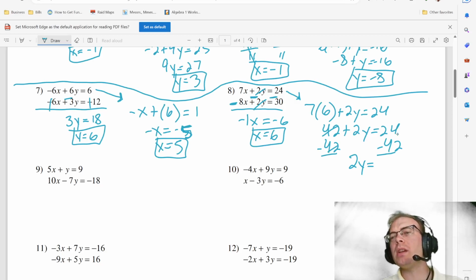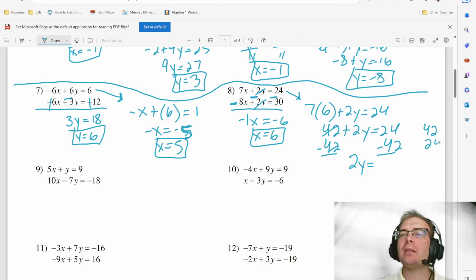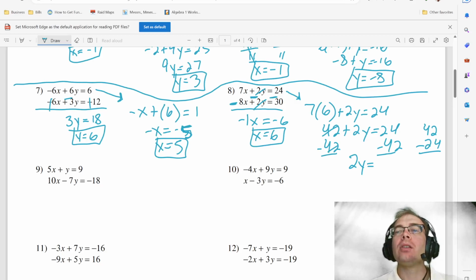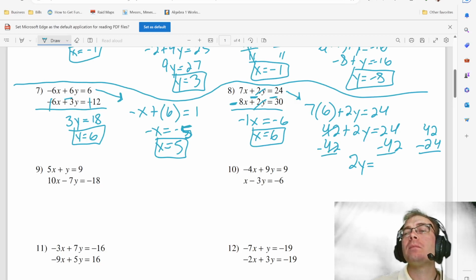This one's a little weird because it almost seems like it'd be like, oh, 4 minus 2. But you always subtract the smaller one from the bigger one when you're thinking about subtraction. So even though it's 24 minus 42, it's actually going to be a little bit better for us if we do it this way. However, if you do 42 minus 24, you're going to get a positive number.